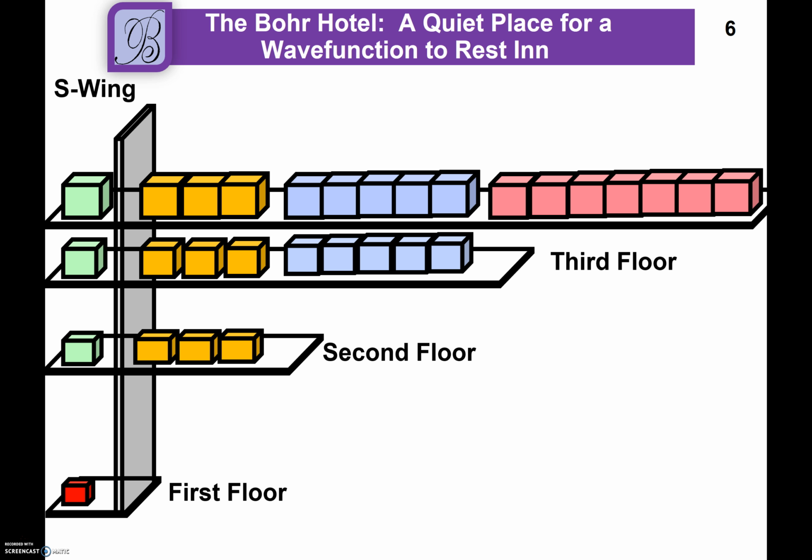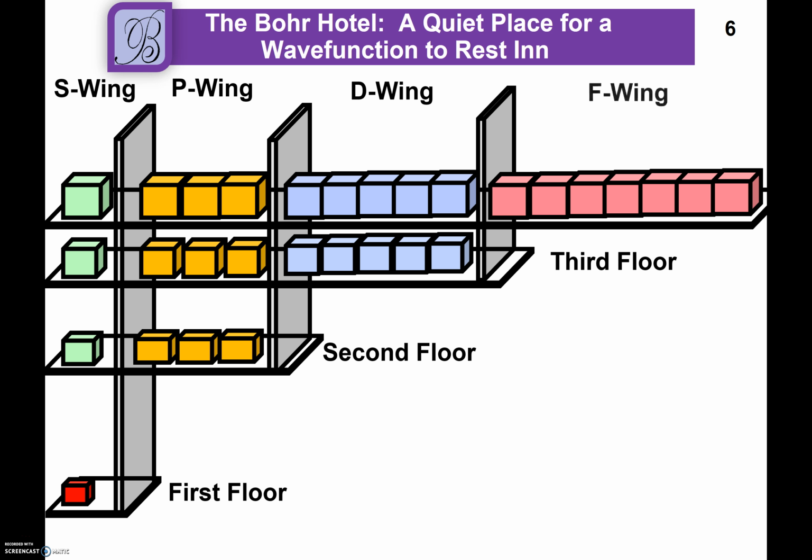So each energy level can have an s orbital, or I like to say the s wing, and then the p wing. And then there's a sub-level of d's that you can have, and then lastly you can have f's. Now each one of these rooms, or orbitals, is going to be given numbers.